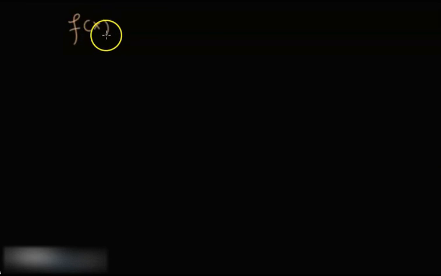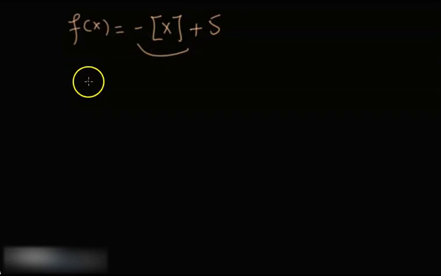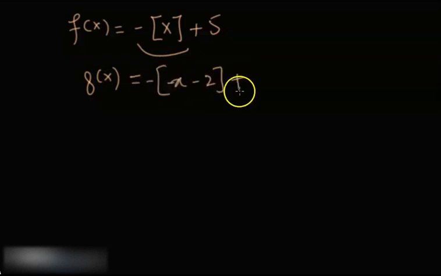If you want to plot this, first you need to reflect your parent function and then you take every page 5 units up. Similarly, if you want to plot, let's say, minus greatest integer of x minus 2 plus 3, first you need to reflect about x-axis, and then you take it 2 units to the right and 3 units up.